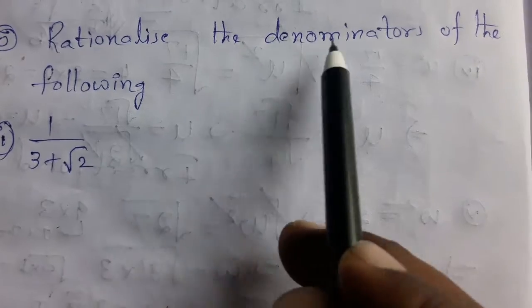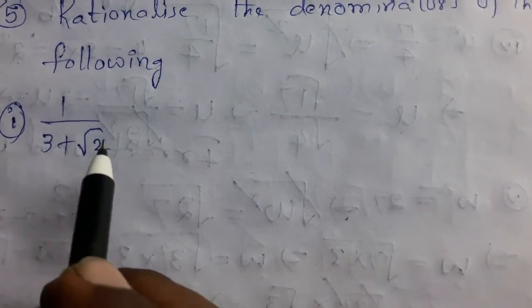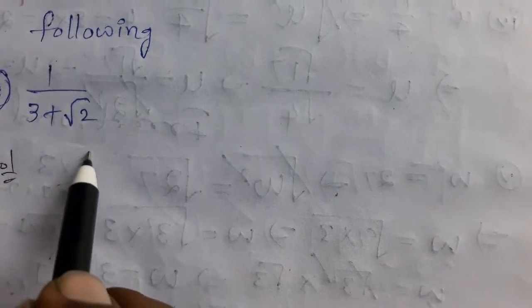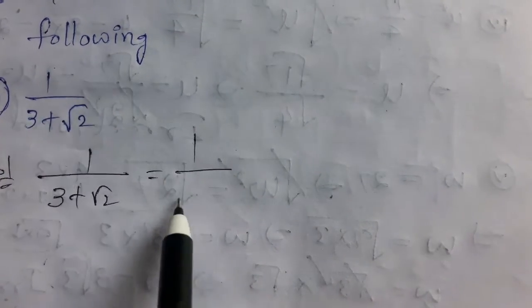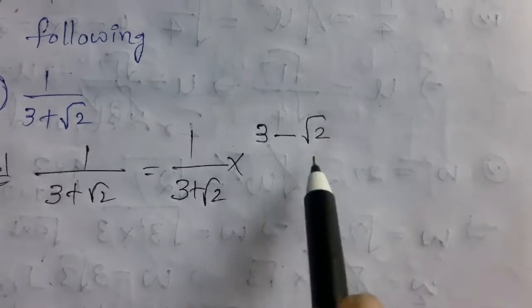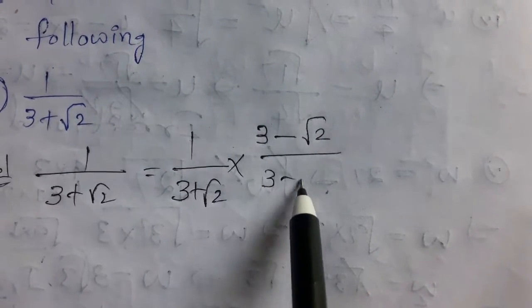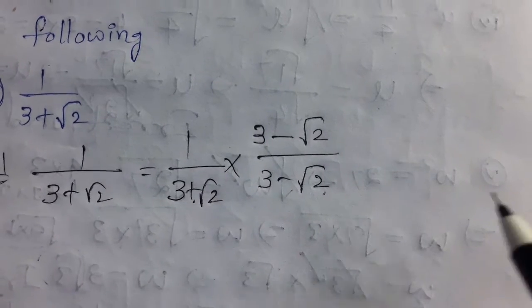Rationalize the denominators of the following. So first one is given solution. What is given? 1 by 3 plus root 2, that is equals to 1 by 3 plus root 2 into 3 minus root 2 by 3 minus root 2. So here is plus, here is minus.